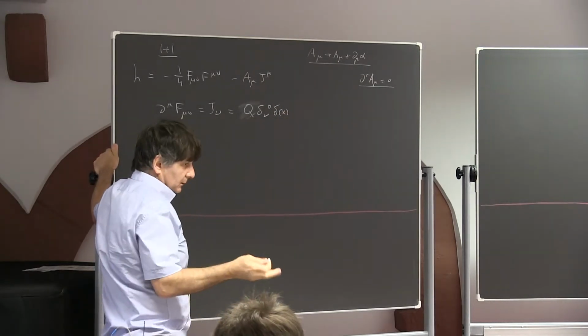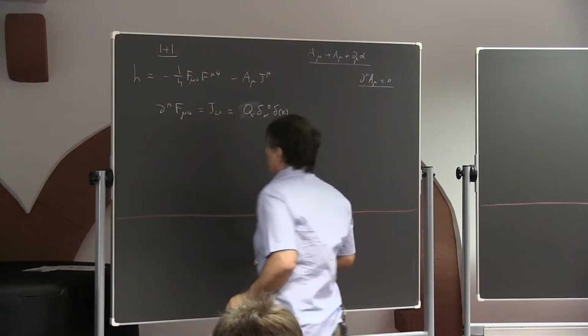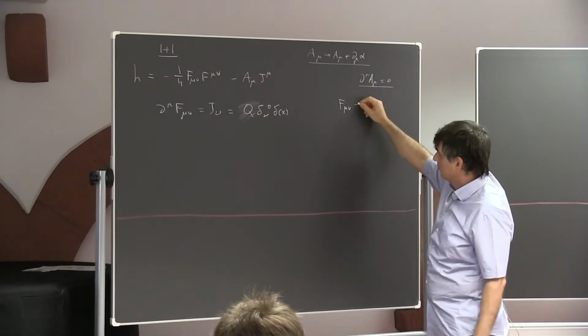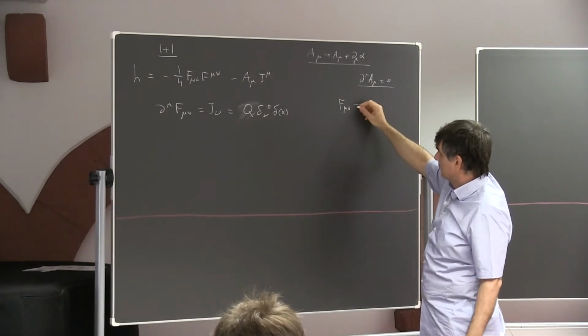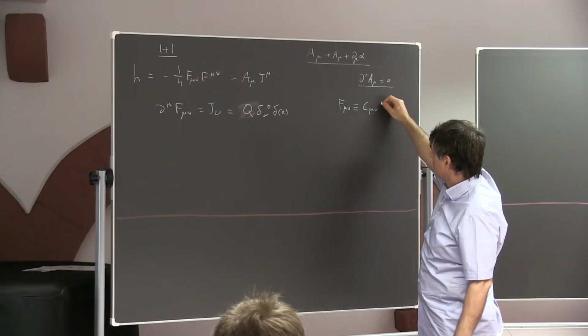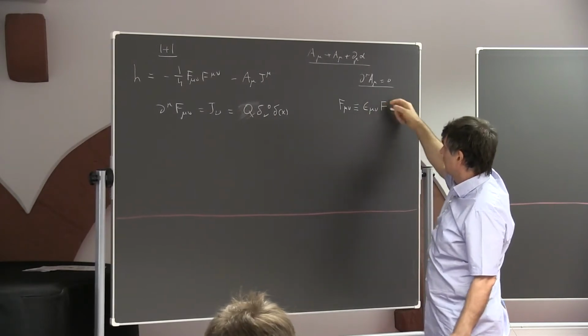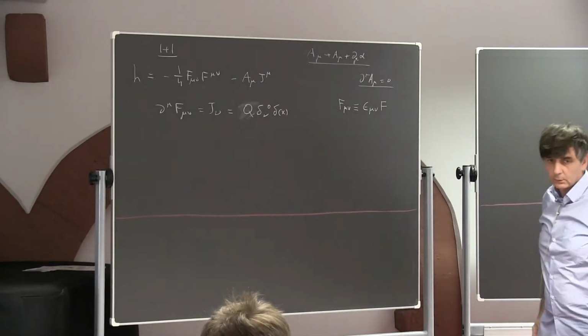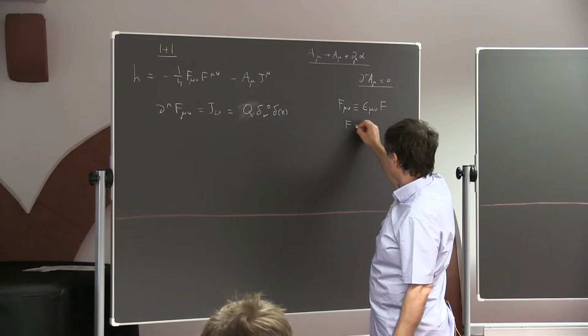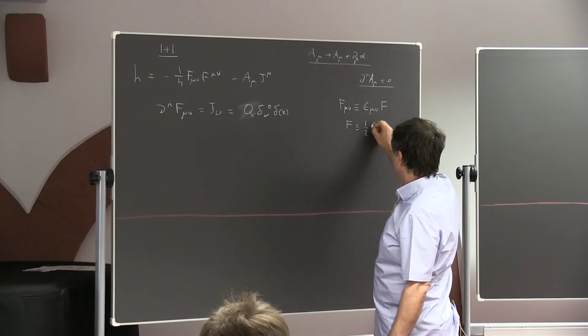We have 2 coordinates, x and t. Now here we can rewrite, as I think we did yesterday, F as a scalar function. It's not a propagating scalar; it's just a scalar function, or which is the same, 1/2 of epsilon mu nu F mu nu.